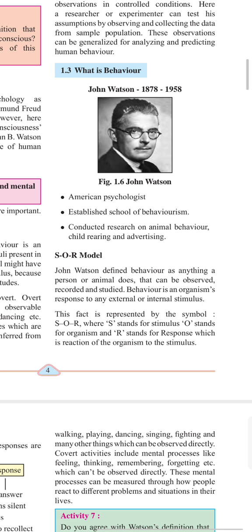It could be anything, like you touching your nose. What the animal and human do can be observed, recorded, and studied. So whichever thing is done by human and animal can be seen with your eyes, recorded, and studied.